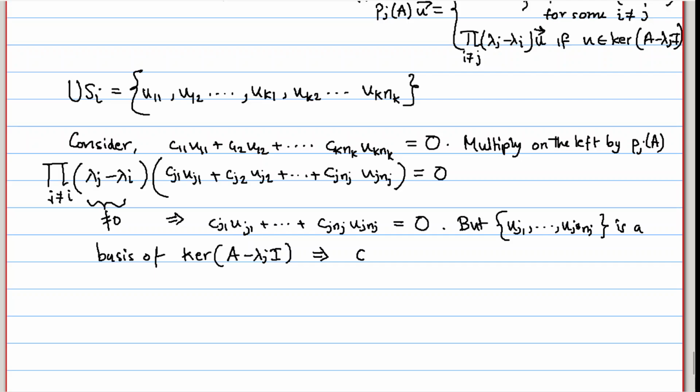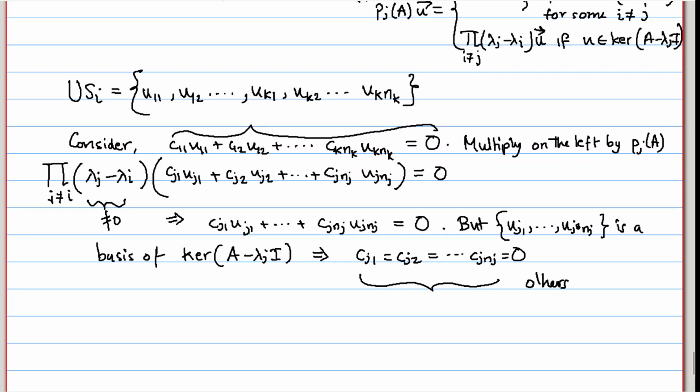So c_j1, c_j2, all of them up to c_j n_j are 0. So what did we do? We started with an arbitrary combination of these vectors being equal to 0, and then we showed that all of the coefficients should be 0.